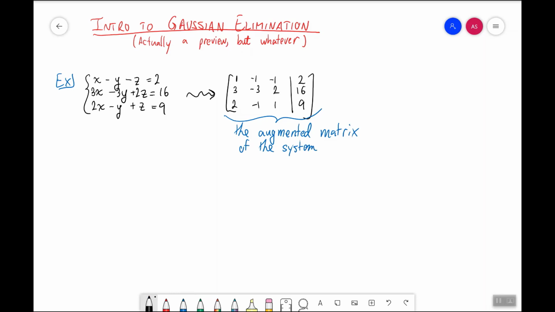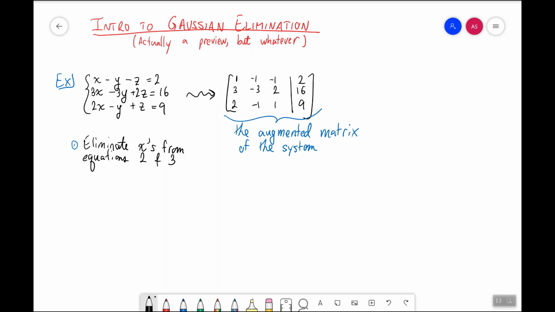So my goal here is going to be to convert this into a triangular matrix, by which I mean one that doesn't have anything down here, that only has stuff up here. We'll see how this works. So step 1: I'm going to eliminate the x's from equations 2 and 3.